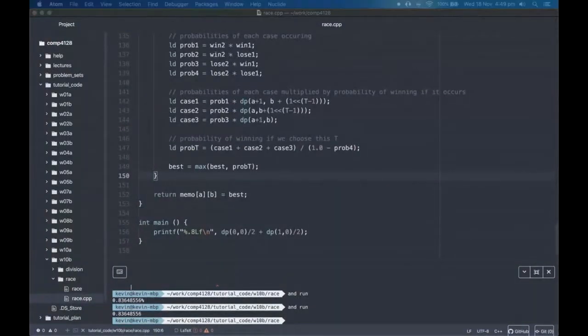So are there any final questions about this code before I give my concluding thoughts? No more questions? Okay. So just to finish off on this question, one of the key takeaways here is that for game theory problems, the solution is either going to be a greedy or a DP, right?